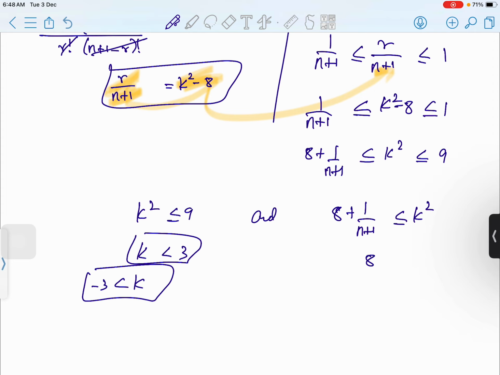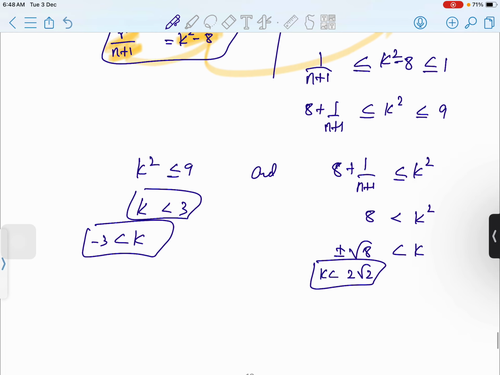So shall I take 8 supposed to be strictly less than k square? If you send this to this side, plus or minus 2 root 2 will come. So k value less than minus 2 root 2, or k value should be strictly more than 2 root 2.